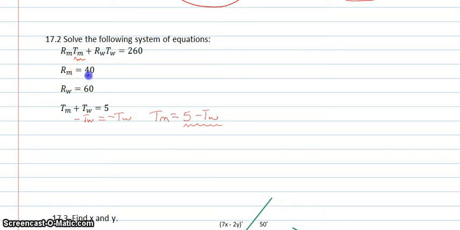I'll also put in Rm equals 40, so I can put in 40 for Rm, and Rw equals 60, so I can put that in here. So I'll have 40 times 5 minus Tw plus 60 Tw equals 260. Now I have one equation with one variable, and I'll be able to find out what T sub w equals.